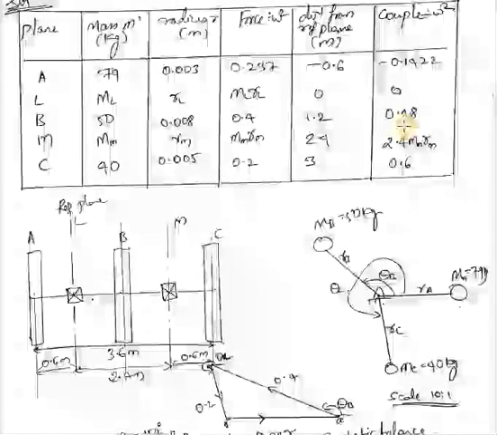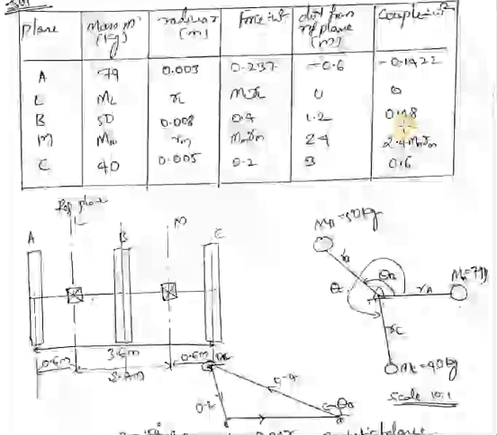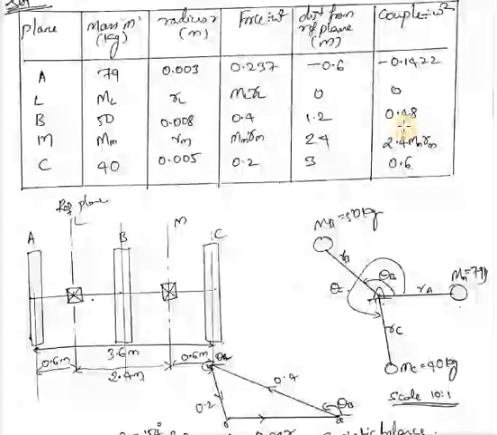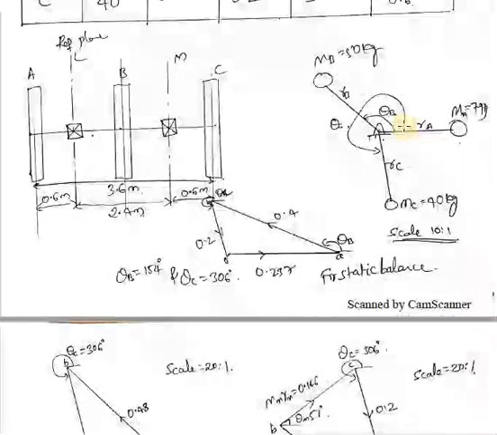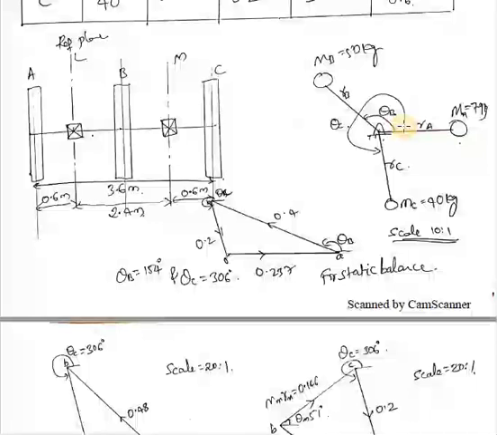So we need to check which polygon you have to draw first. In this case, he has not given the angular position for any of the masses. So for that, first we'll assume that the system is in static balance.